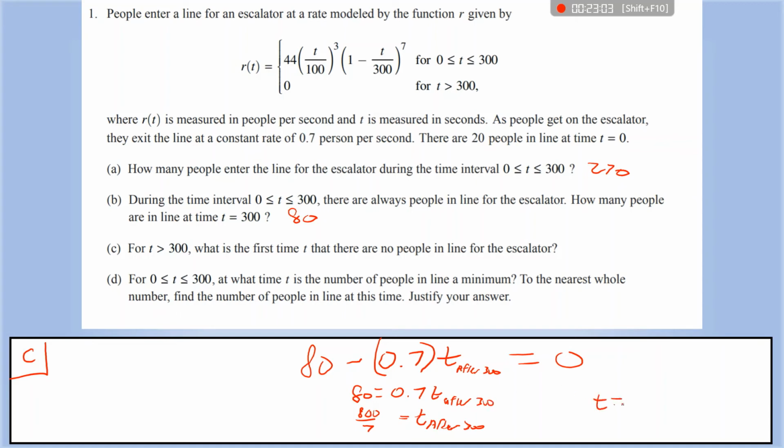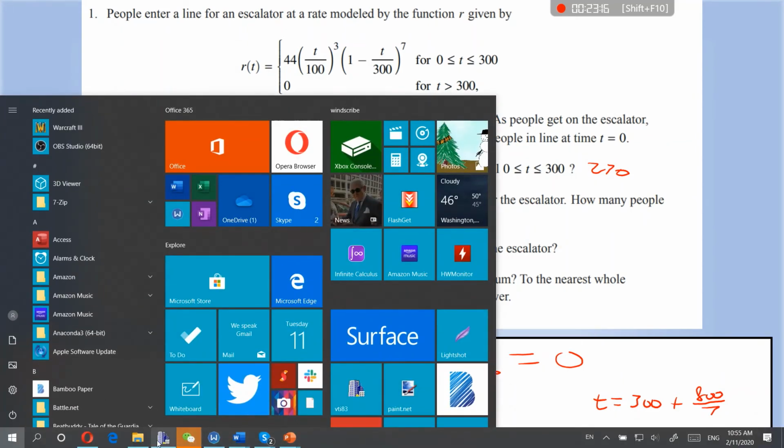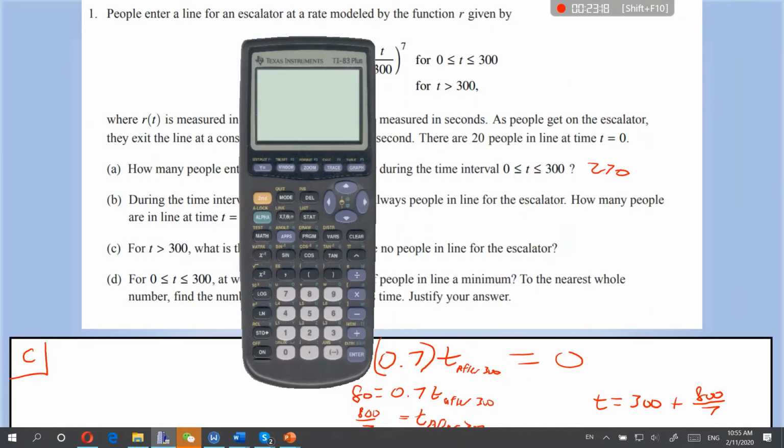So I could say t equals 300 plus 800 over 7, which is 414.3.